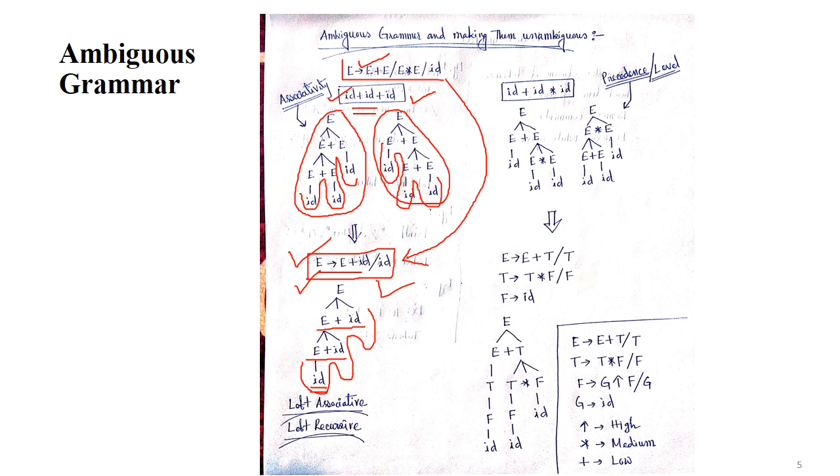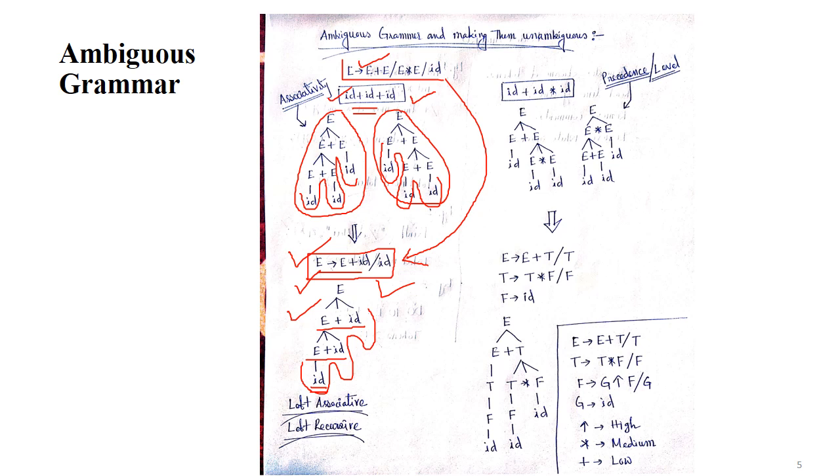So I think you now understand what ambiguous and unambiguous grammars are. An ambiguous grammar always contains more than one parse tree, but with an unambiguous grammar we can generate only one parse tree.